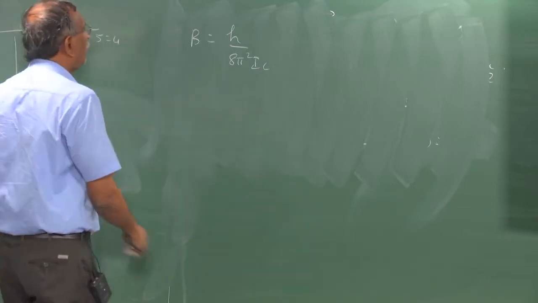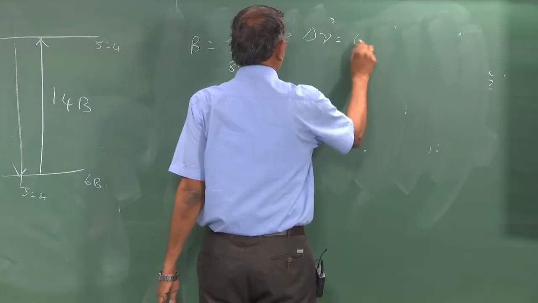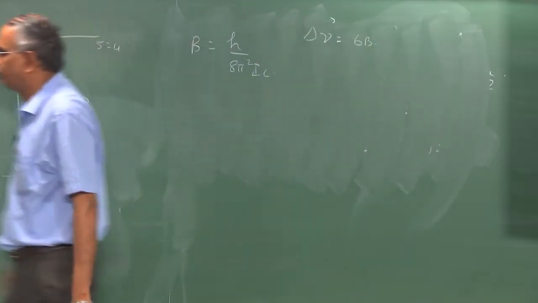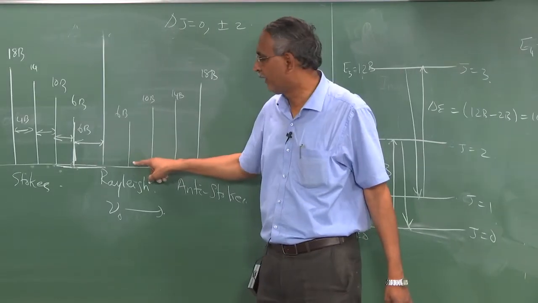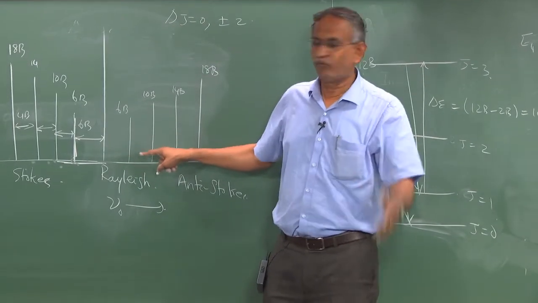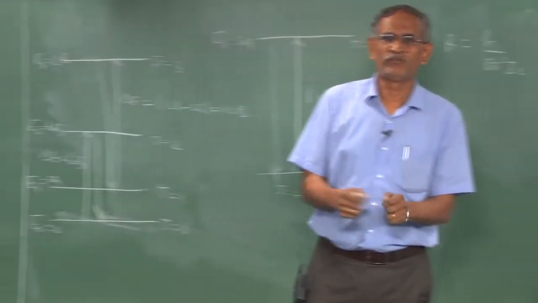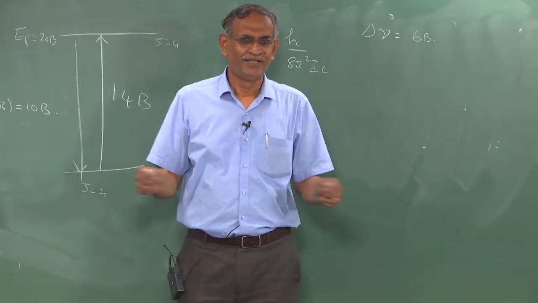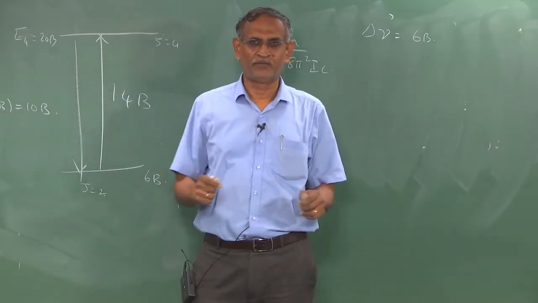Therefore delta nu is equal to 6b, the first appearance of a rotational Raman line. Hydrogen is a beautiful example, and benzene, many other molecules, all molecules which are homonuclear, have no microwave spectrum, but everyone shows up in the Raman, in the gas phase.